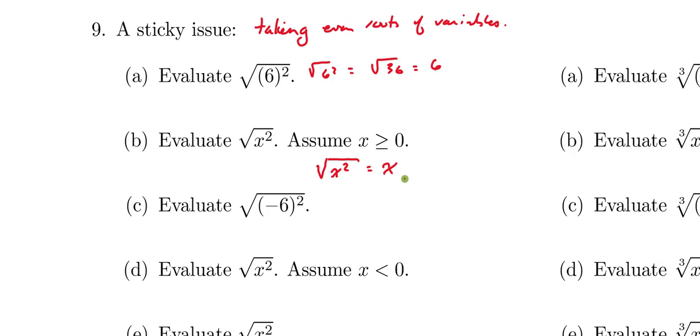It's in the next two examples that things get a little bit more confusing. So let's go ahead now and evaluate the square root of minus 6 squared. In this case, the square root of minus 6 squared is going to be the same thing as the square root of 36. Again, we're looking for the principal square root here, so we're going to give the answer of 6. It's the same answer as we had before.